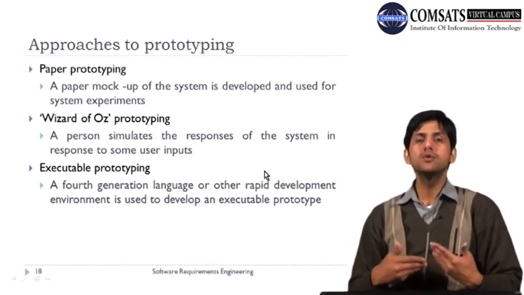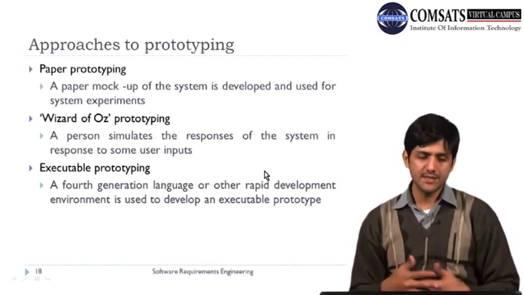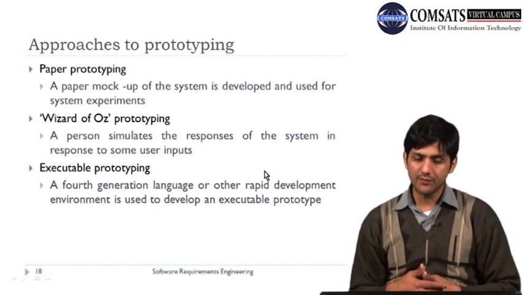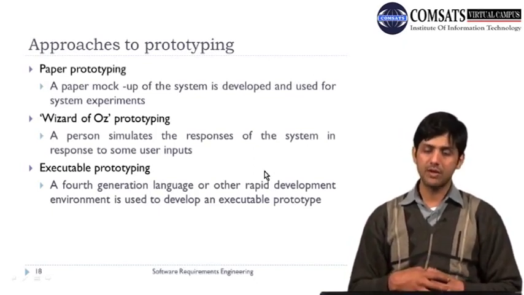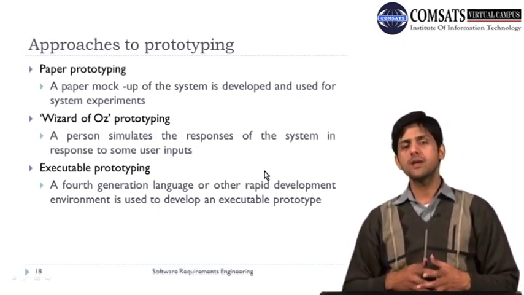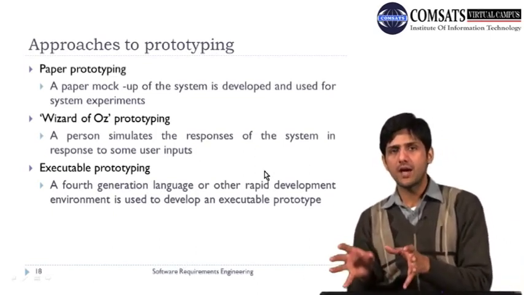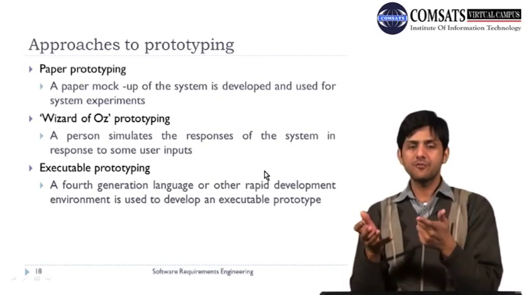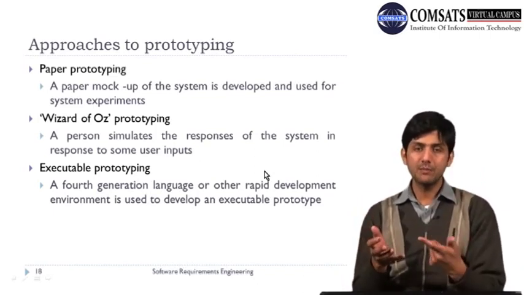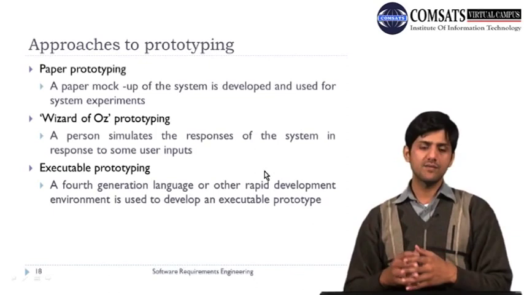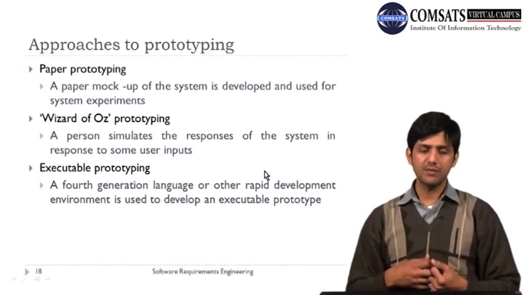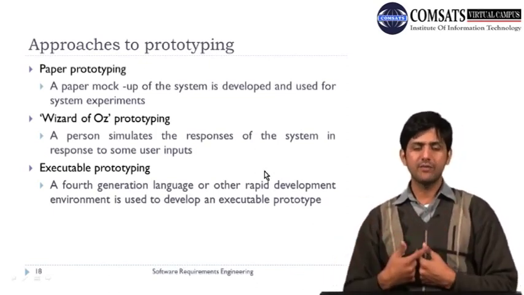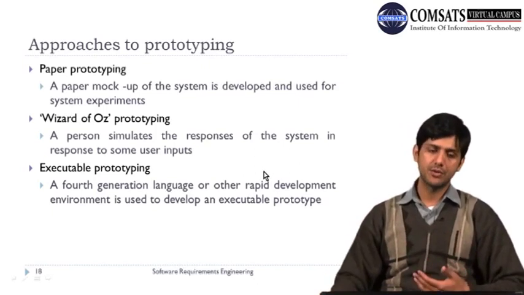And then the final one is executable prototyping. As the name suggests, a fourth generation language or other rapid development environment is used to develop an executable prototype, where the user can actually execute and see some functionalities. So we have paper prototyping, Wizard of Oz prototyping where simulations are done, and executable prototyping as well.